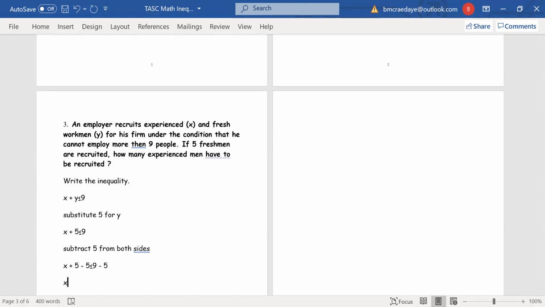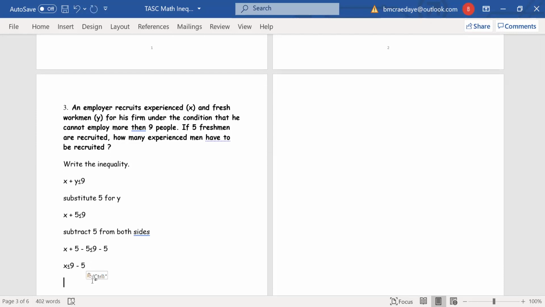What will we have on the right side? 9 minus 5 is 4. So x is less than or equal to 4.